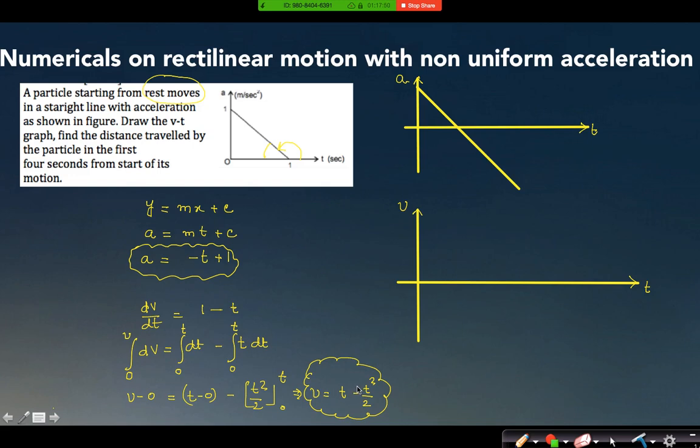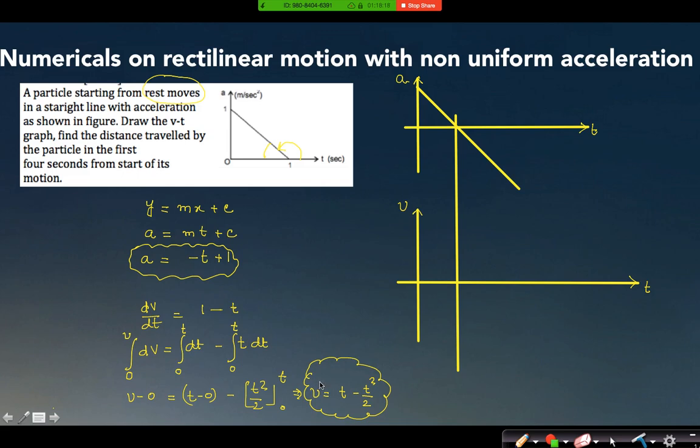What is the y-intercept of this graph? 0, right? So it will start from 0. And can you identify the symmetric line for this graph? At t is equal to 1, where acceleration is 0. Why? Because when acceleration is 0, velocity should have a maximum or minimum.